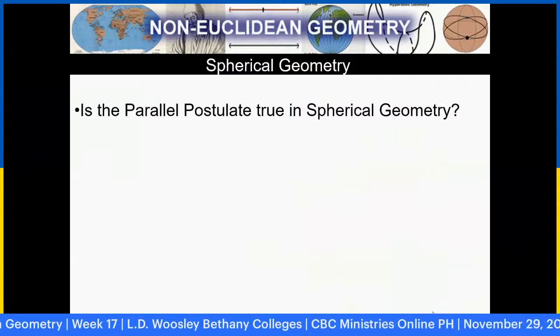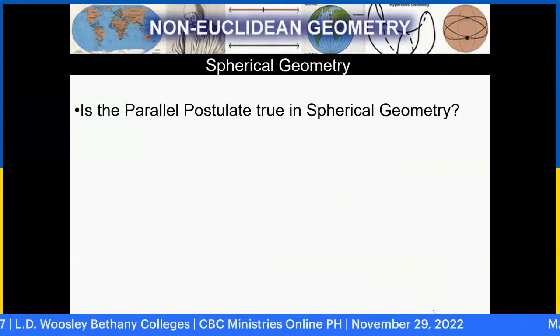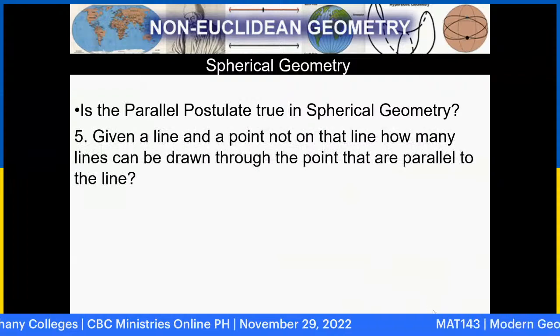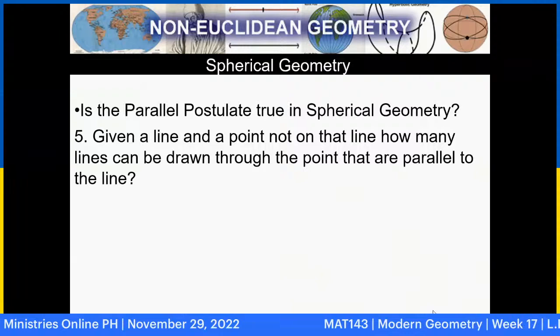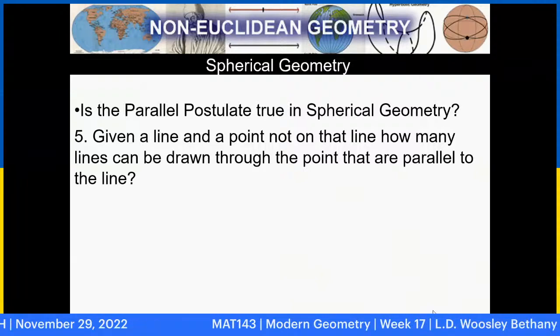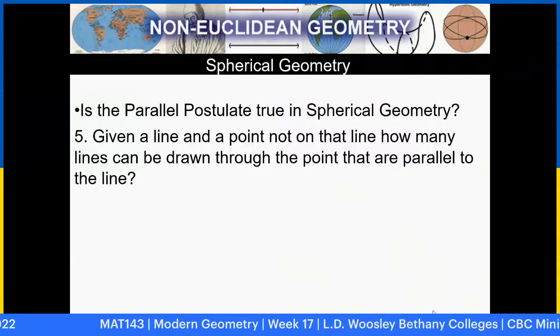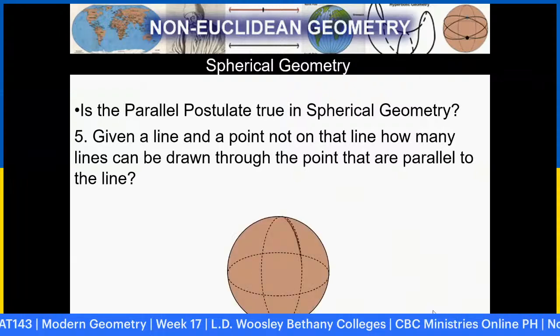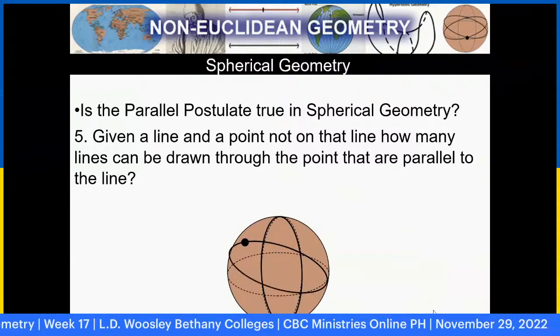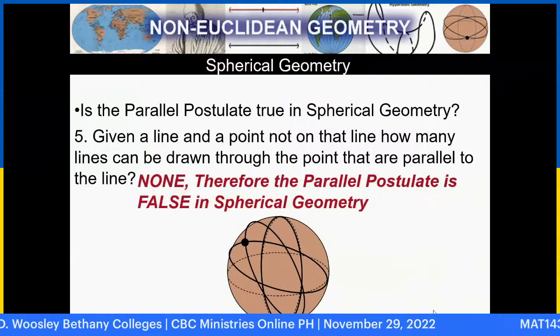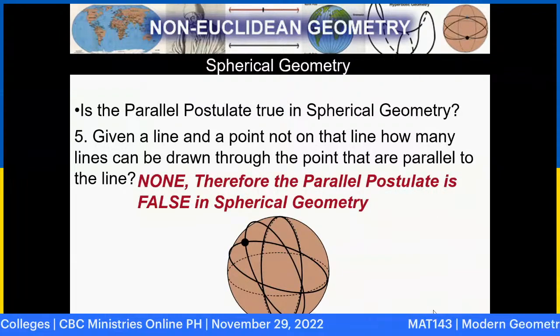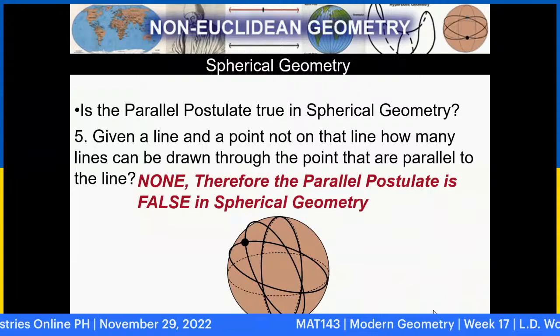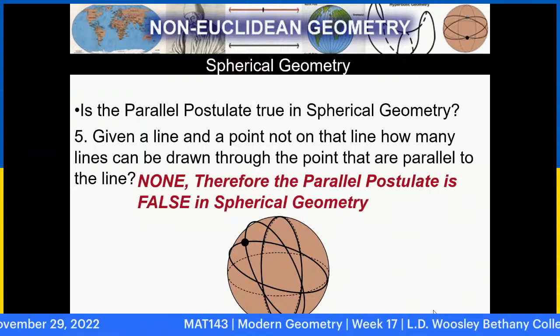Is the parallel postulate true in spherical geometry? No, that's the dilemma. Given a line and a point not on that line, how many lines can be drawn through the point? None. Therefore, the parallel postulate is false in spherical geometry.